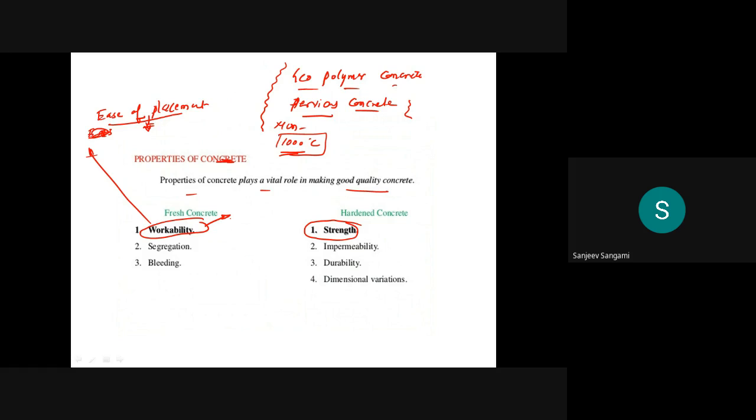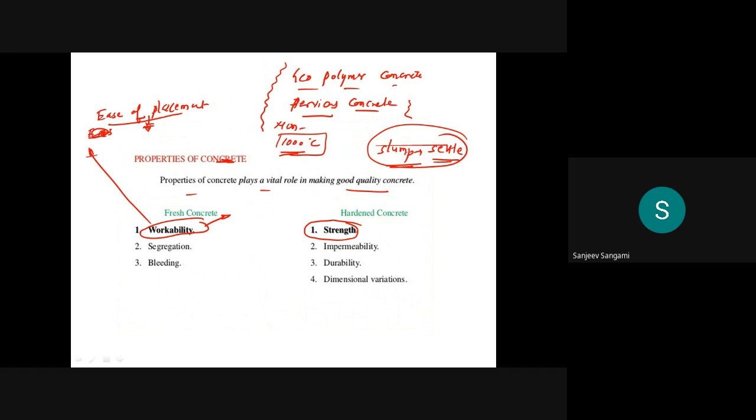If the ease of placement is satisfied, then almost all the properties of settlement, that is slump, which we always talk about, are satisfied. The slump means it will settle easily. If you maintain the slump properly, then it will always be workable. That is what you have to remember.